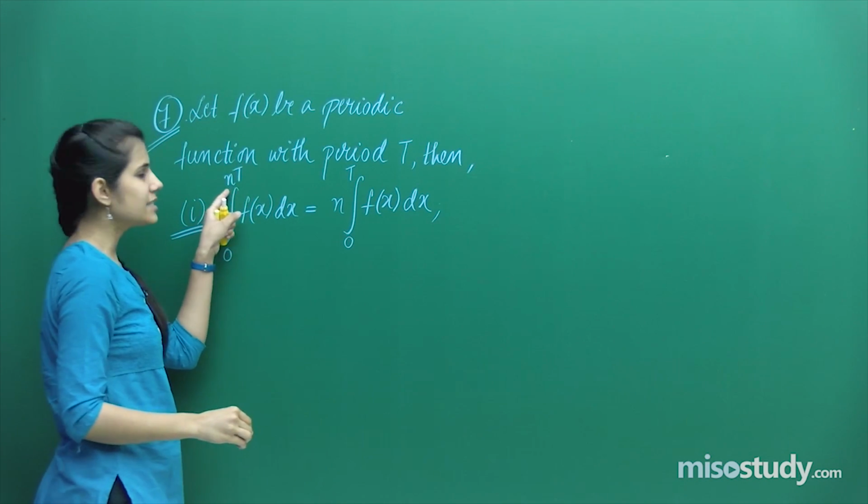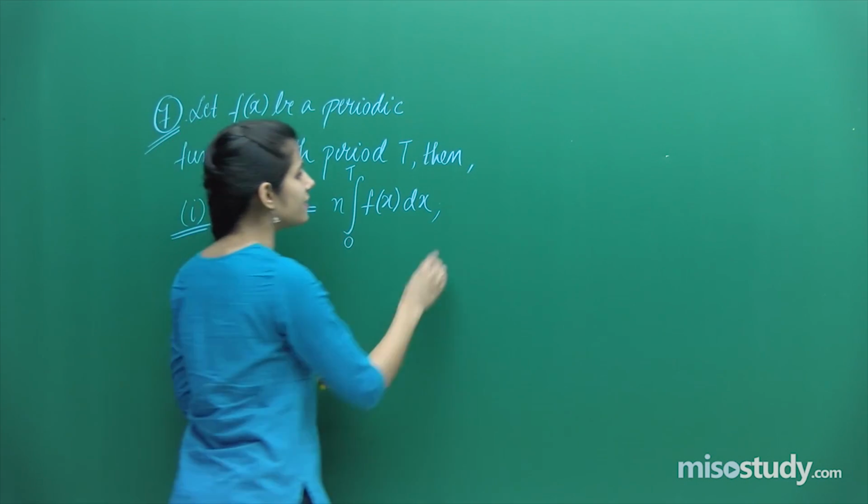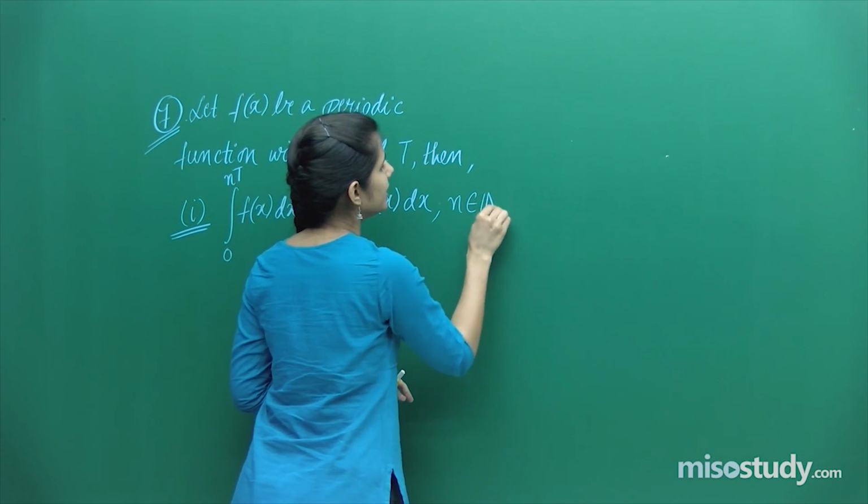I can pull this n out from the upper limit and place it before the integral only when n is a natural number.